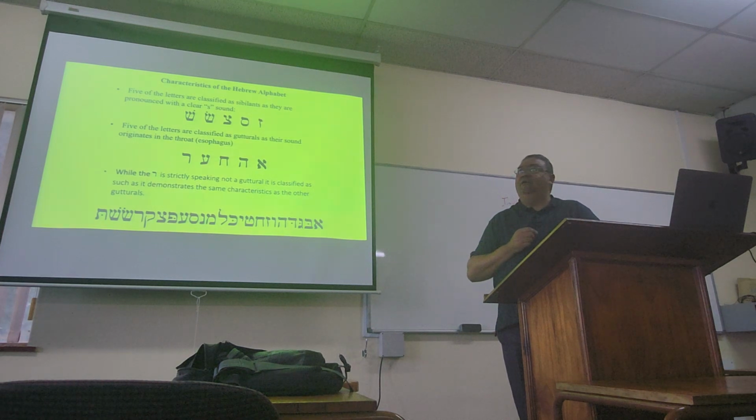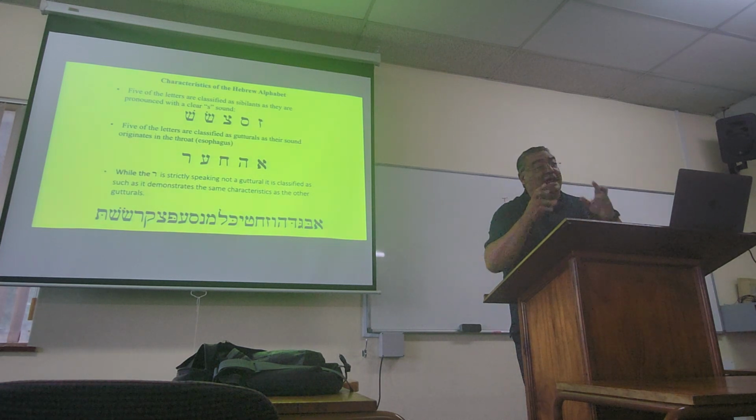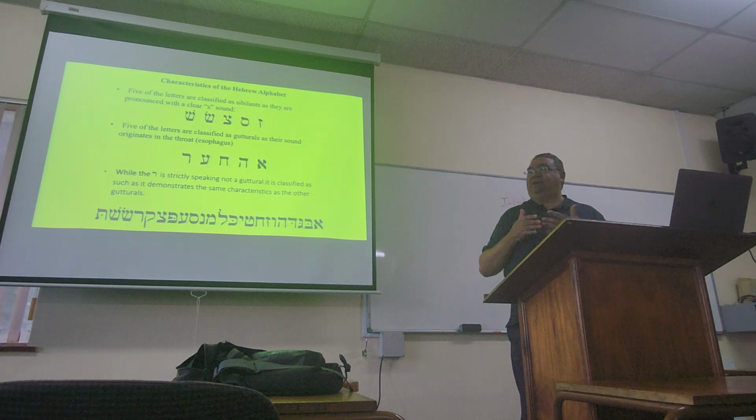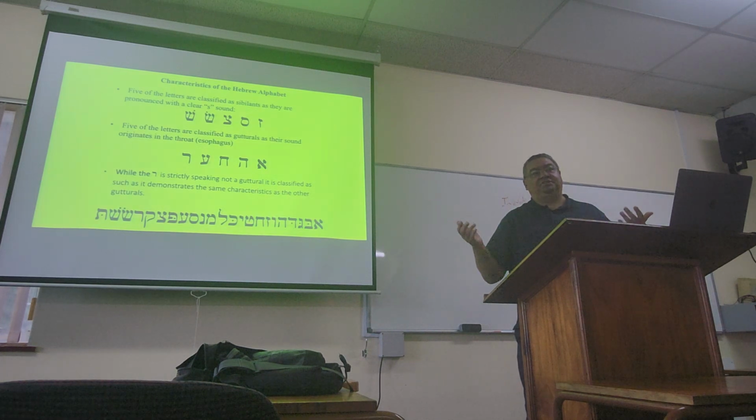Same thing happened with aleph. Aleph originally had a value, but with time, it became so difficult to say, like the K in the word knife, that it just disappeared. Now, what would it have sounded like?